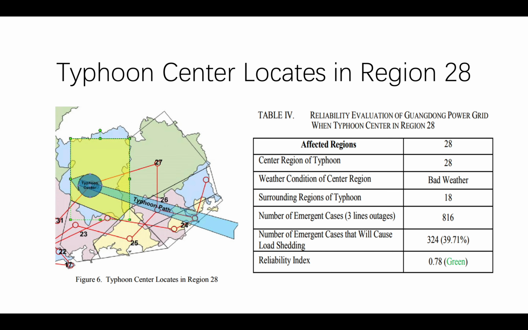And in region 28, the reliability index changes to 0.78, so the typhoon has only a little influence on region 28.